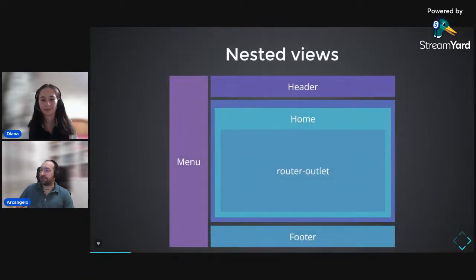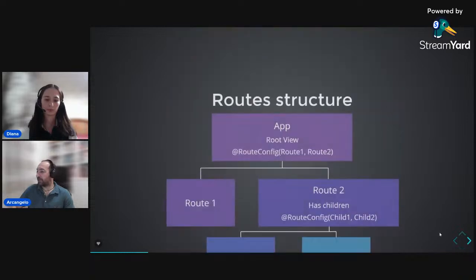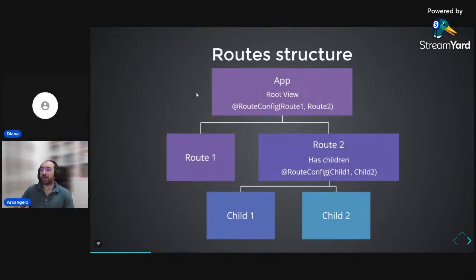You can also have a nested view, and you can put the router outlet in each component you want, even the home. You could even have a nested route structure, with route 1 on the main route, and route 2 having its own route config with child 1 and child 2. We will see it later.